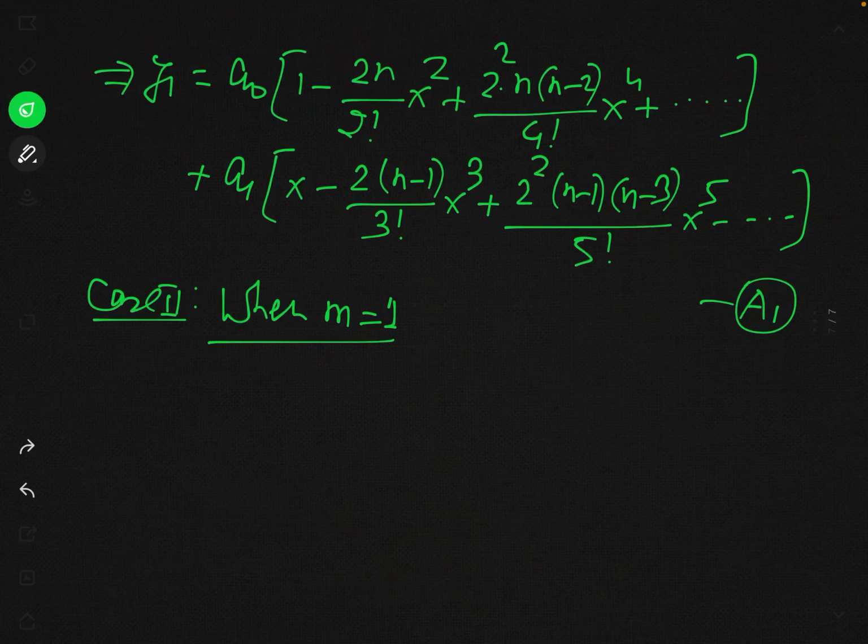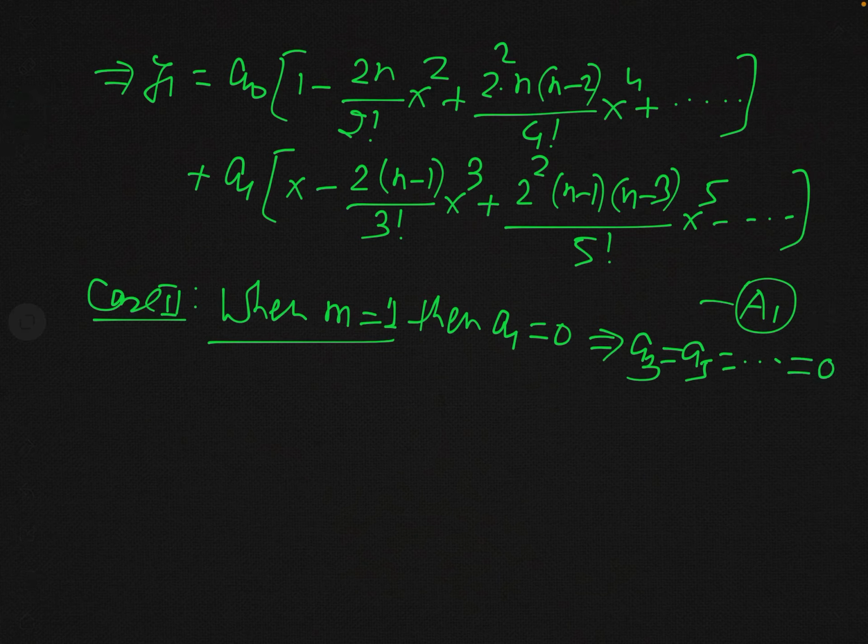So when m is equal to 1, we know a1 is equal to 0, and a1 equal to 0 implies that a3 equal to a5 equal to so on, and these all will be equal to 0. You can see. So we need only to evaluate the value of a2, a4, a6 and so on.